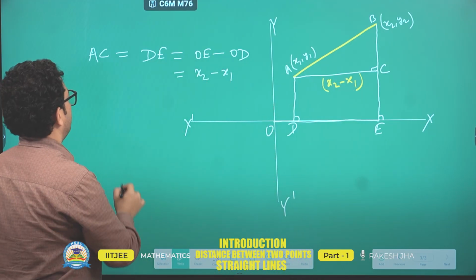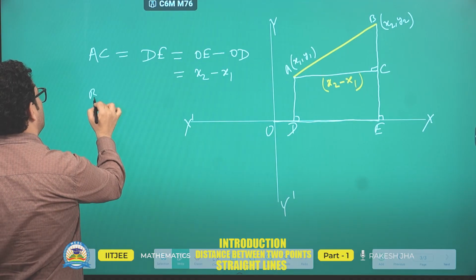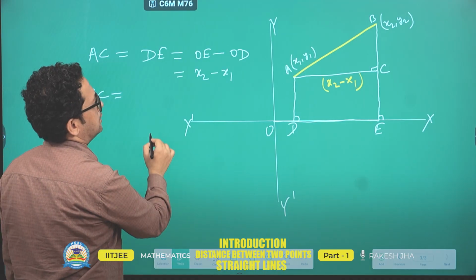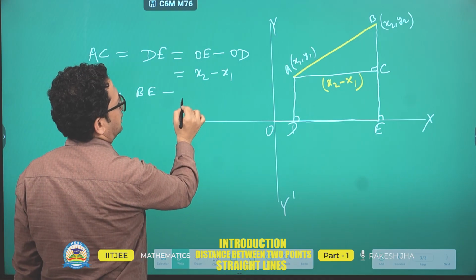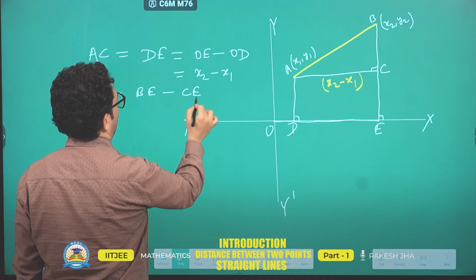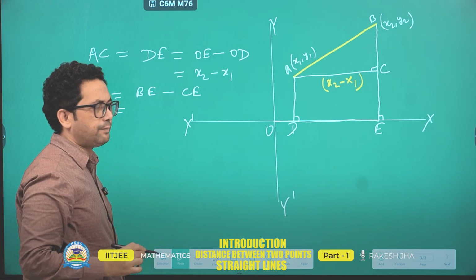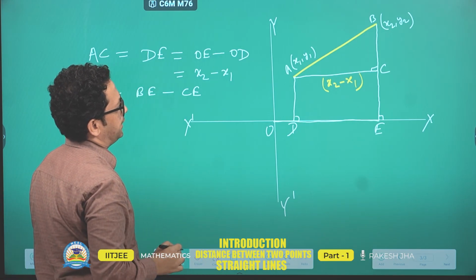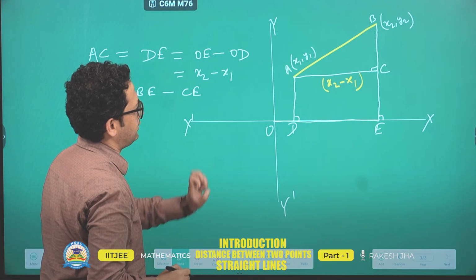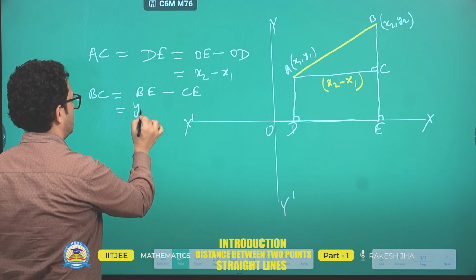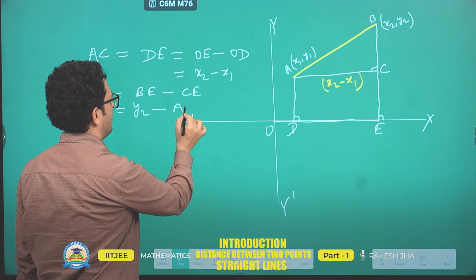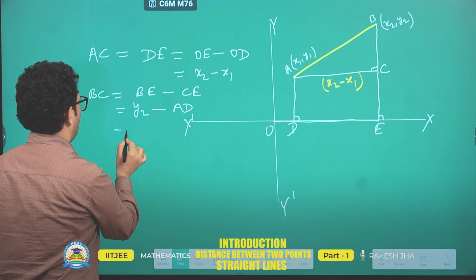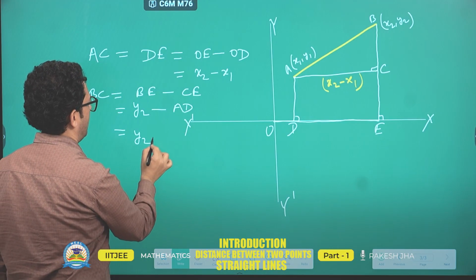Similarly, we can get the length of BC. So here BC can be written as BE minus CE. And in place of BE, what we can write? BE is the y coordinate, so we can write Y2 minus, in place of CE we can write AD, and now Y2 minus AD.